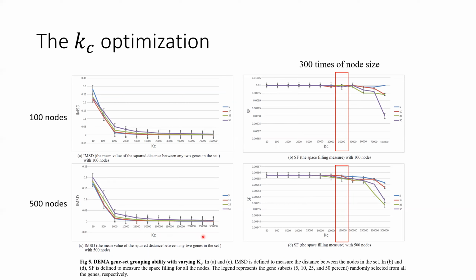We repeat the process using 10 random networks with 500 nodes. The results are still the same. Therefore, the default KC value should be defined as 300 times the number of the nodes to balance between the visual clarity and the grouping degree.